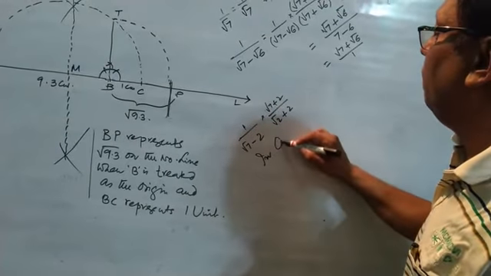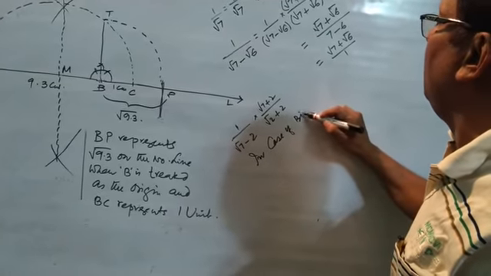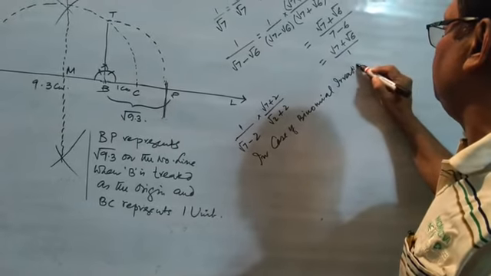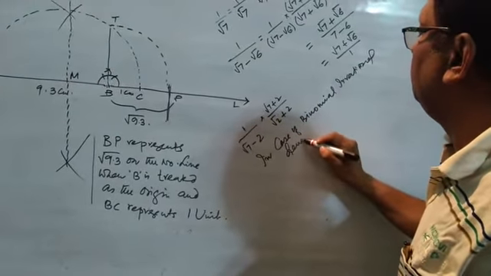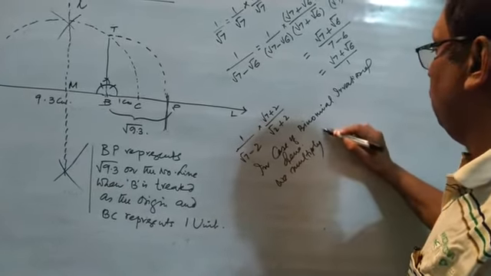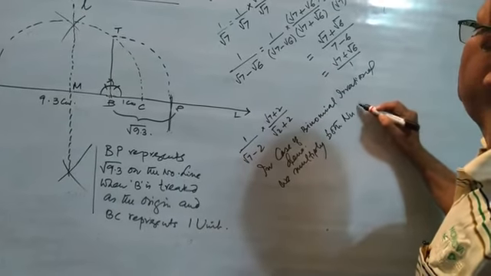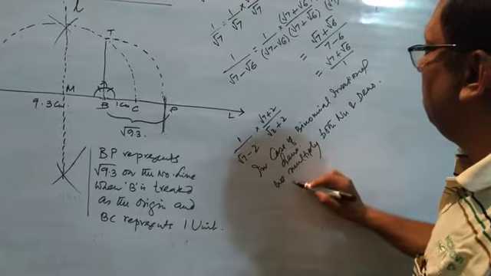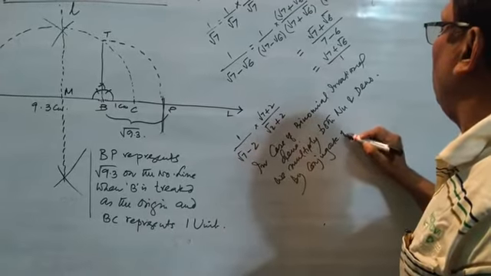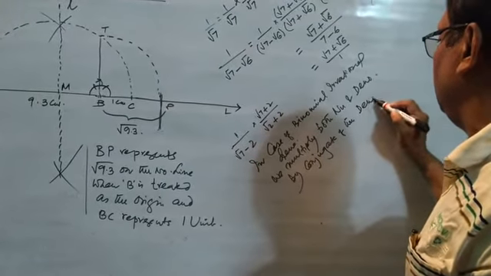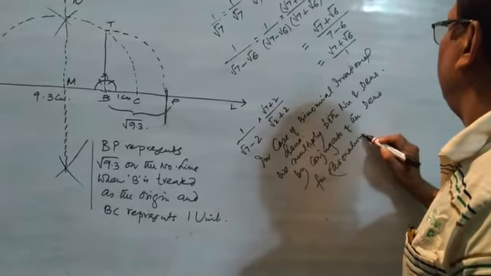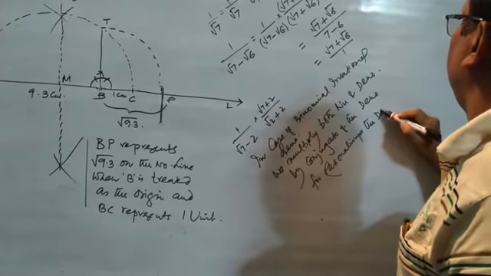In case of a binomial irrational denominator, we multiply both numerator and denominator by the conjugate of the denominator for rationalizing the denominator.